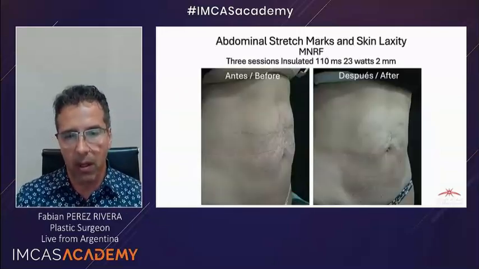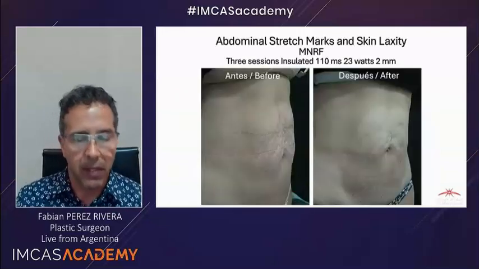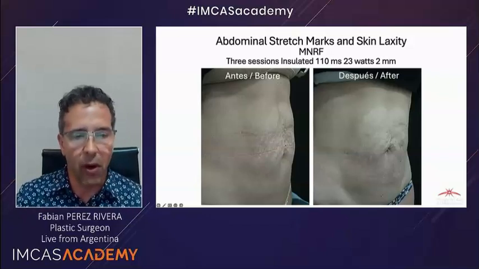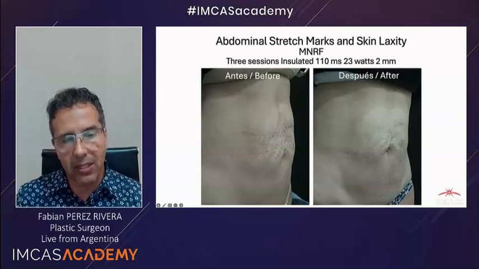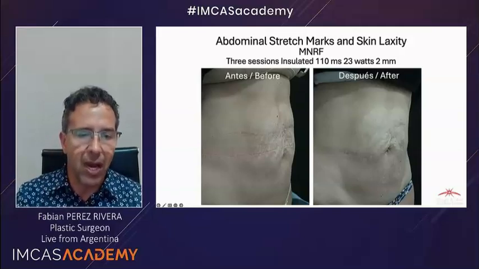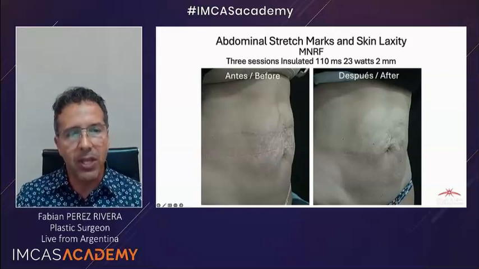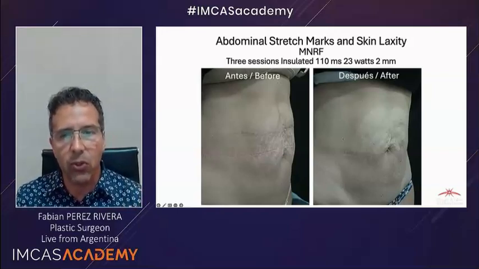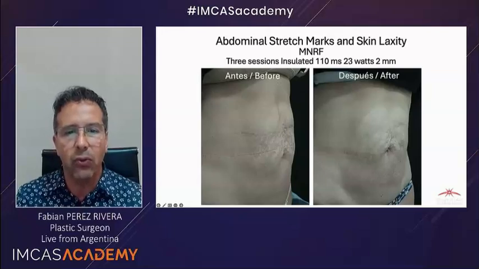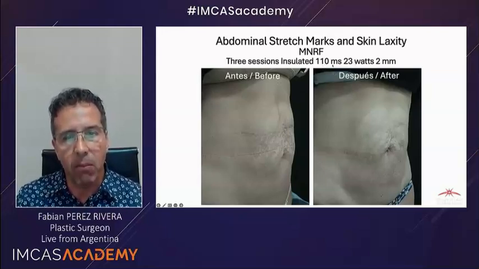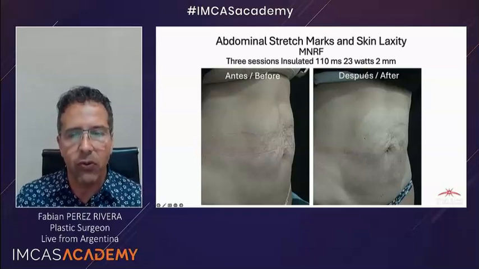Another patient, the classical view after pregnancy, a mother of 3, and you can see here not only striae, but at the same time skin laxity, and this is my result with insulated microneedle because I use a lot of power, 23 watts, with 110 milliseconds at a depth of 2 millimeters.